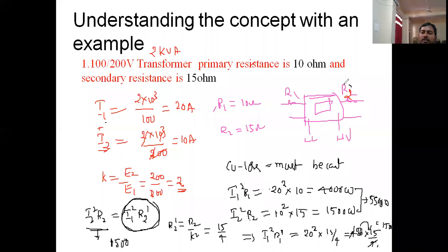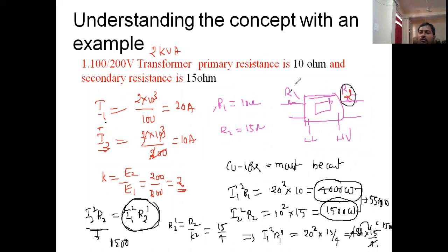Even on the secondary side, we directly received 1500 watts from this formula, and after changing the resistance from secondary to primary we also got the same losses. Even if you change the resistance from primary to secondary, the primary copper losses will be 4000.